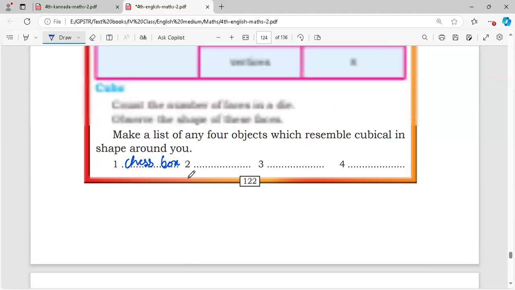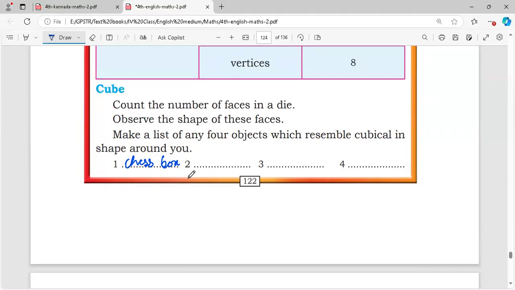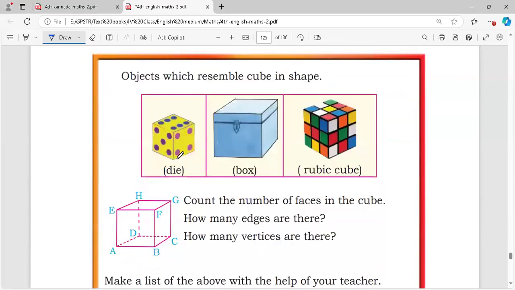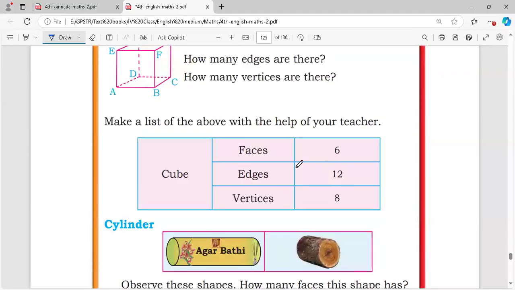They look like squares, meaning all faces are like a cube. Objects which resemble a cube in shape: die, box, Rubik's cube. Here also faces 6, edges 12, vertices 8.